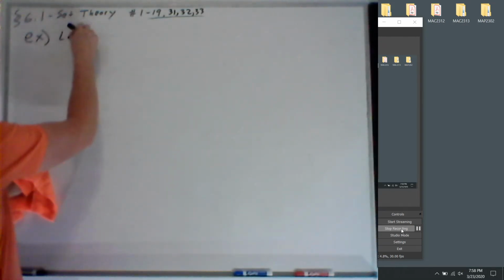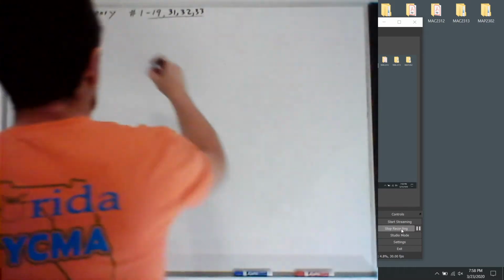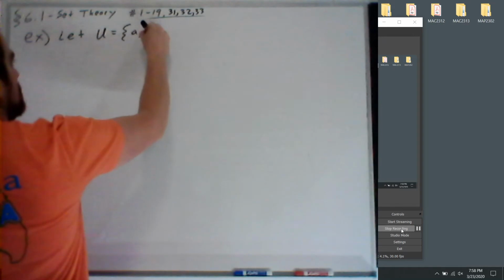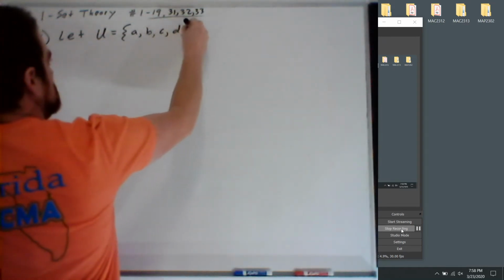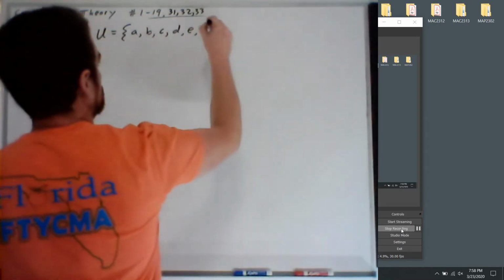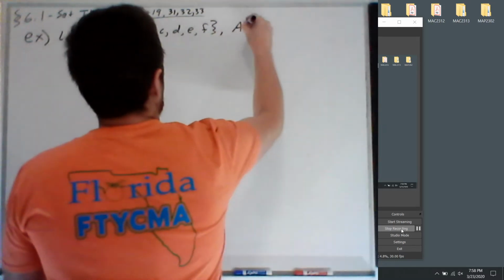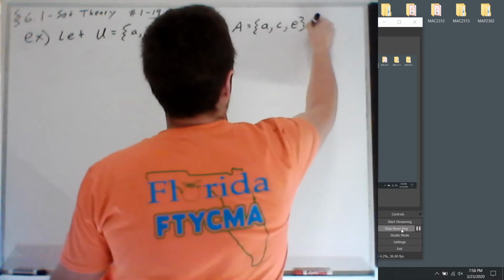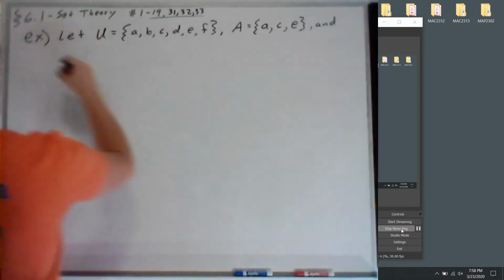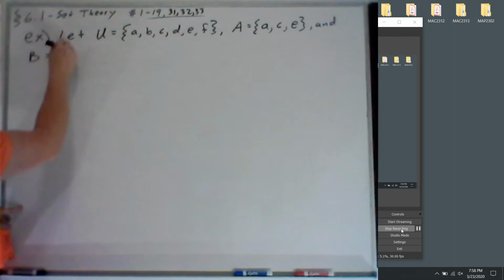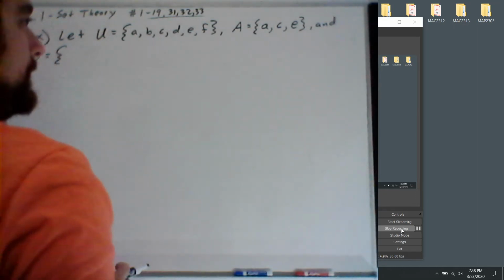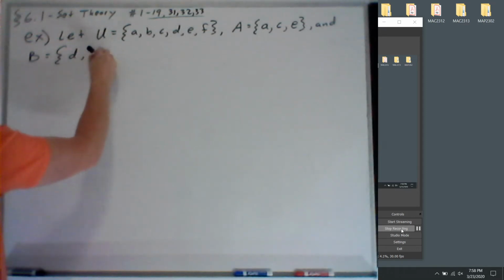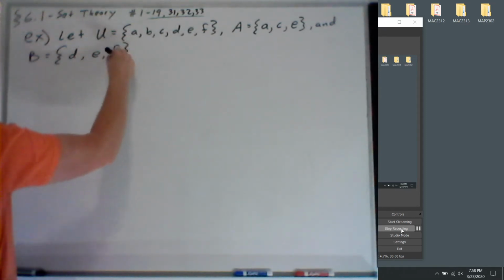Let U, the universal set, be the set A, B, C, D, E, F. A be the set A, C, E. And B be the set, let's pick on D, E, and F, the last three.